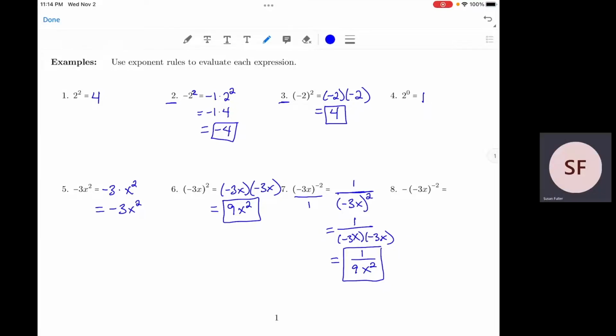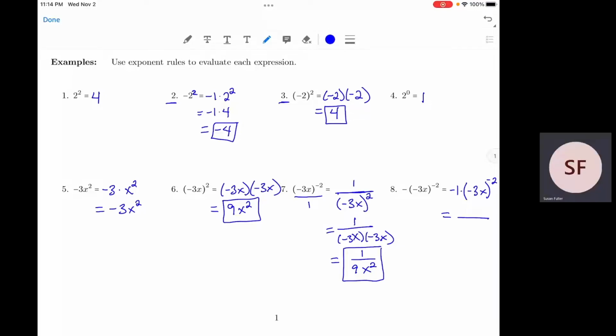Okay, number 8. This looks a lot like number 7, but we have this negative hanging out in front here. So what that means is that's going to be a -1 times that quantity -3x to the -2 power. The exponent of -2 here says you can't be here, you need to cross the division bar.